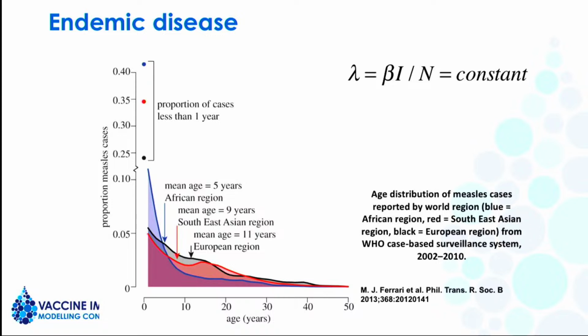This is useful to think about because if you're thinking about an intervention, for example a vaccination activity where you want to target children, this might give you an idea of when's a good age to target children, taking aside that operationally it might be easier to get to school-age children or infants. But yes, mainly focusing on endemic disease.